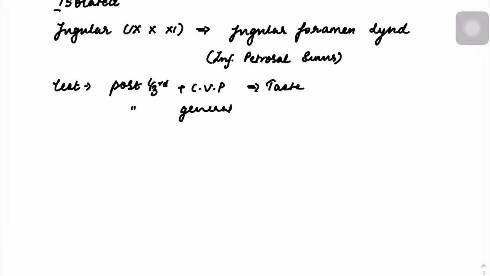Normally when you touch the posterior one-third of the tongue, there is a contraction of the pharyngeal muscle. So that tells you the intactness or conduction, or that the nerve is functioning normally in the posterior part of the tongue, that is in the pharyngeal region.